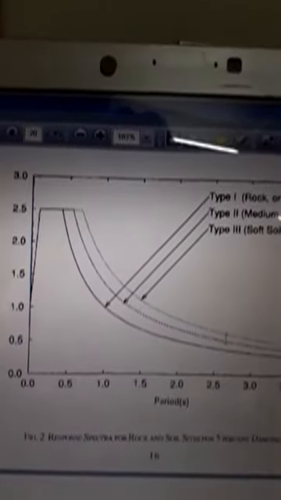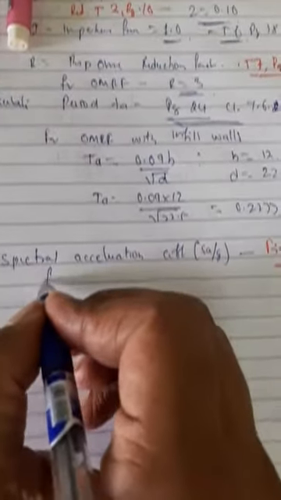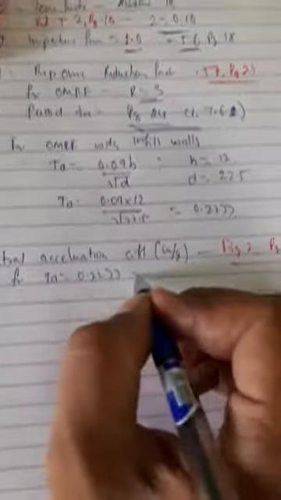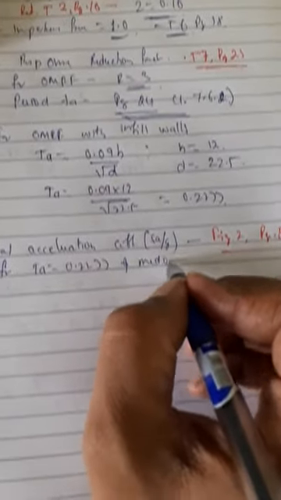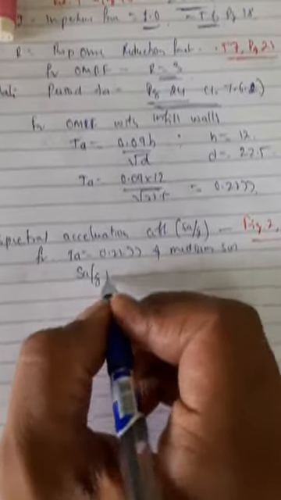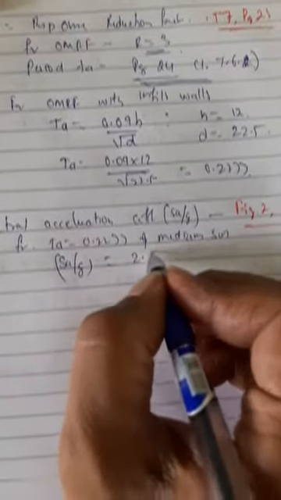And for medium soil, for this graph, if you interpolate, you get it here. From here, interpolate here, you get 2.5. So SA by G is 2.5. For TA equal to 0.2277 and medium soil, SA by G is equal to 2.5.